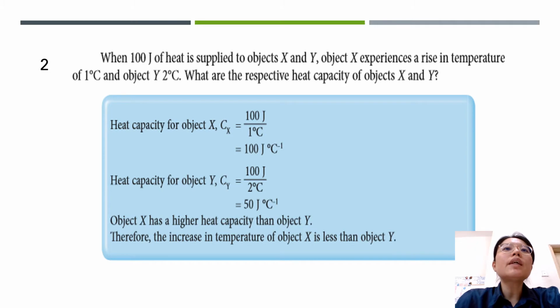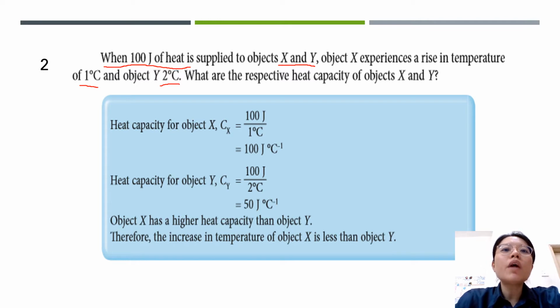Next, let us have a look. When 100 joule of heat is supplied to objects X and Y, we have two objects. Object X experiences a rise in temperature of 1 degree Celsius, while object Y has an increase in temperature of 2 degrees Celsius. The question asks, what are the respective heat capacities of objects X and Y? We calculate separately.